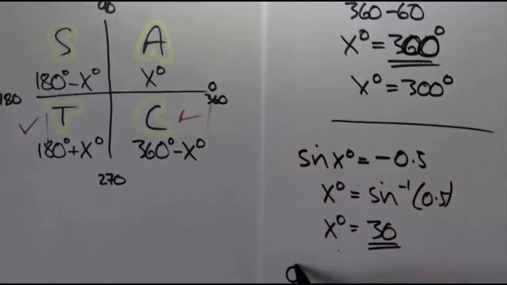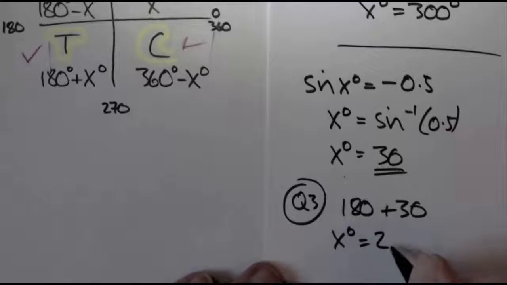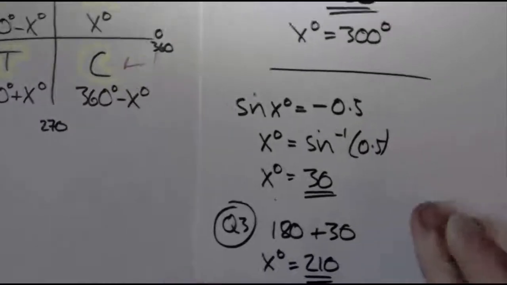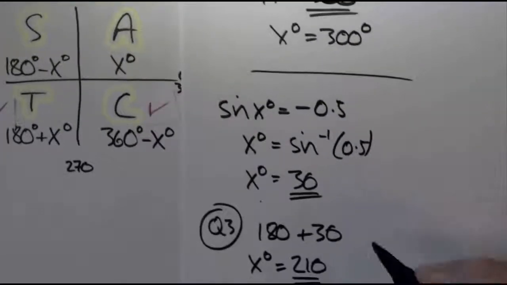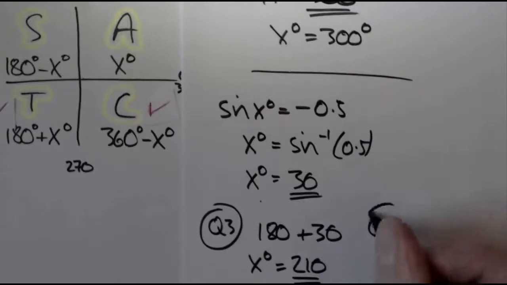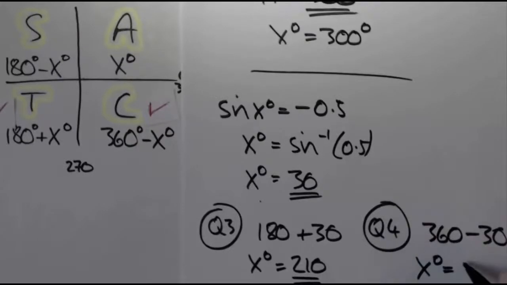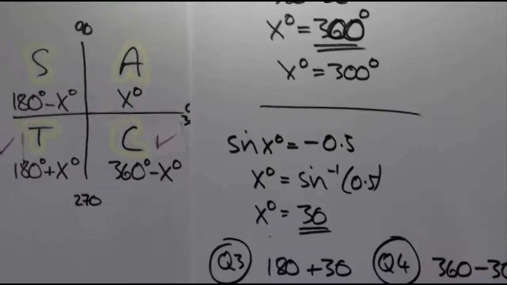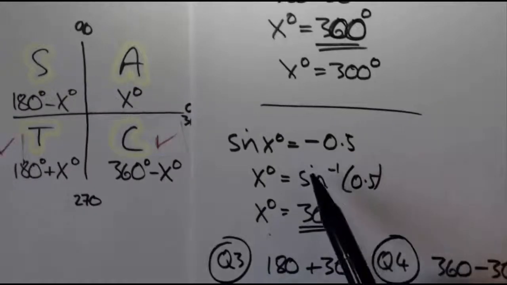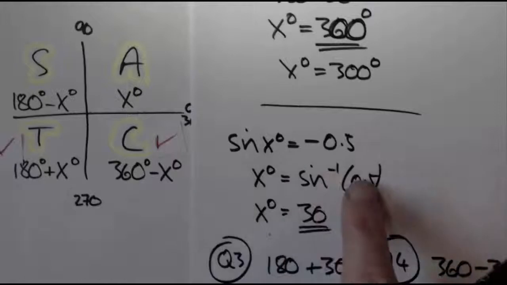So for quadrant 3, we need to say 180 plus 30, so x down here would equal 210. And we can then just say, for quadrant 4, it's 360 minus 30, so x takes a value of 330.